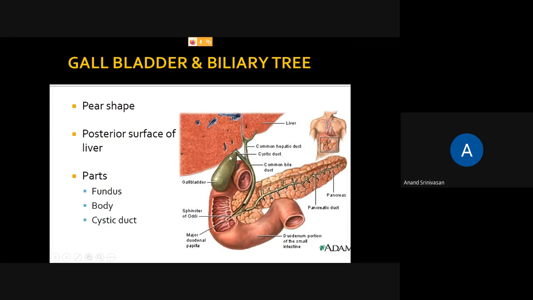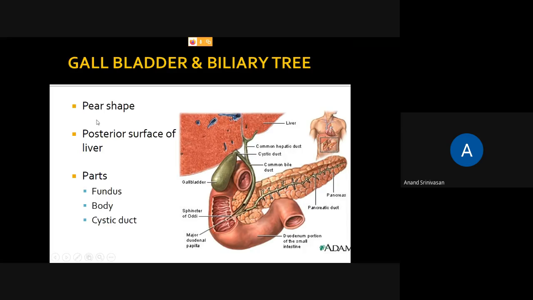Now the gallbladder has a fundus, body, and cystic duct. The lowermost part is called the fundus. This part is called the body. From the body comes a small duct, and this duct is called the cystic duct.